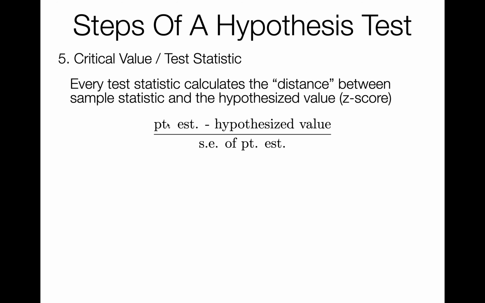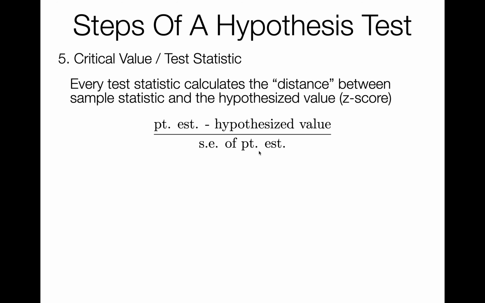So I take a sample, and then maybe I'm calculating the sample proportion. That's my point estimate, minus the hypothesized value. This is the value in the null hypothesis. And then I divide by the standard error of the point estimate. Again, that stuff comes from lesson 6.